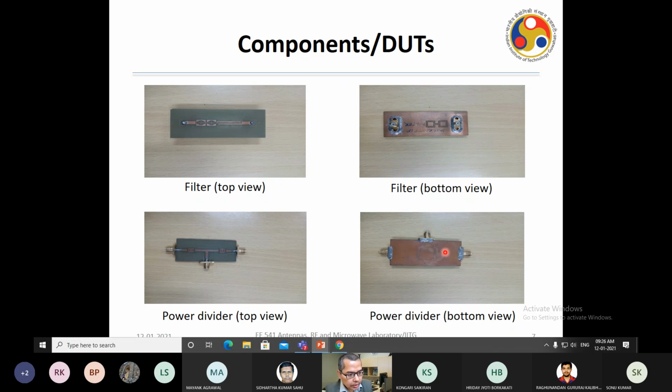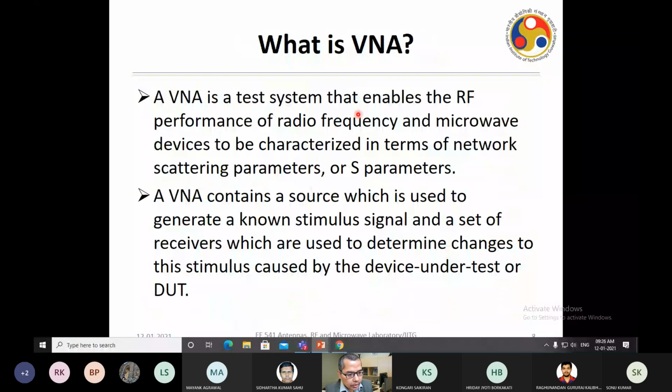We'll try to measure the scattering parameters for all these three devices: the filter, the antenna, and the power divider. So what is a VNA? A VNA is used for measuring the scattering parameters. At microwave frequency, you cannot measure voltage or current; everything is wave. There's nothing like voltage or current at microwave frequency.